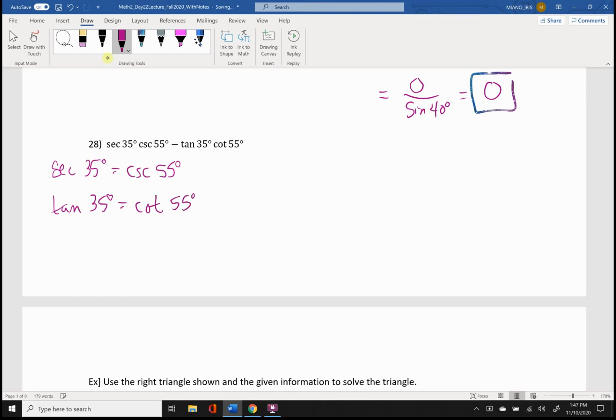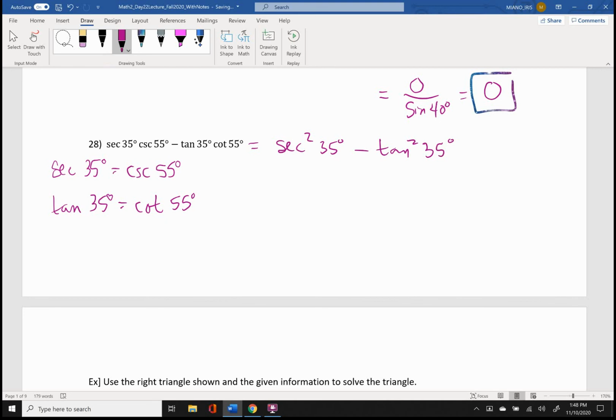That being said, I have decided to modify these. I'm going to change the cosecant 55 degrees to a secant 35 degrees, so this first term is going to become secant squared 35 degrees. Then I'm going to subtract off, changing my cotangent 55 degrees to a tangent 35 degrees via this substitution, and that'll yield a tangent squared 35 degrees.